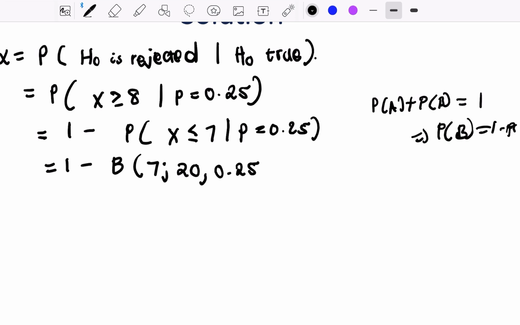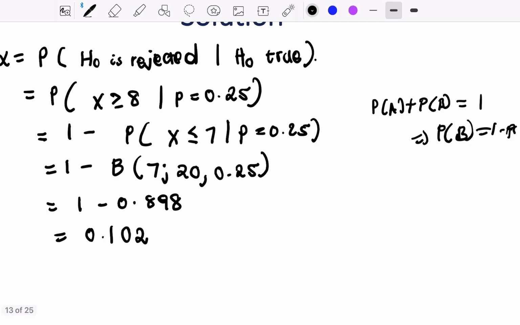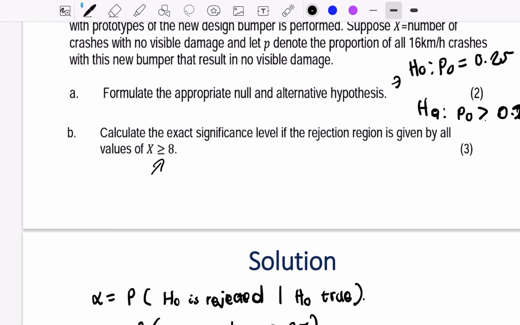So you go to the tables and read that value, and you see it's actually 0.898. If you press that into your calculator, you get 1 minus 0.898, which is 0.102. So you've answered that question.